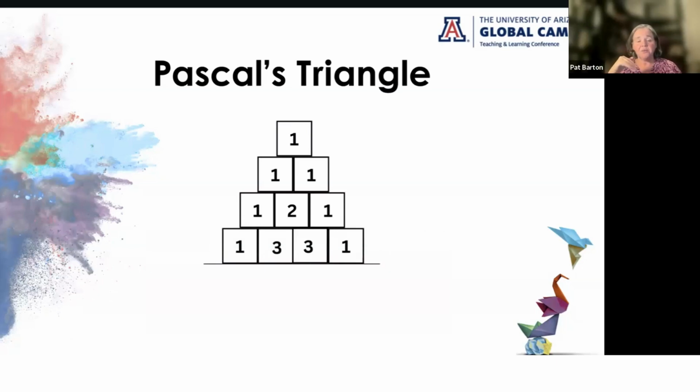Now to the fourth row, the sides are always going to be 1. It's always 0 or nothing plus 1, which is 1. Then if we look up to the third row, 1 plus 2 together is 3 underneath. 2 plus 1 together is 3. And then 1 on the end.